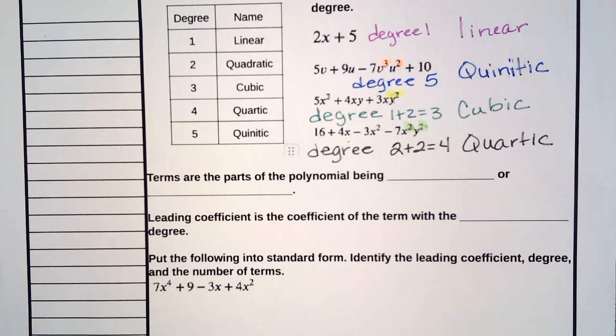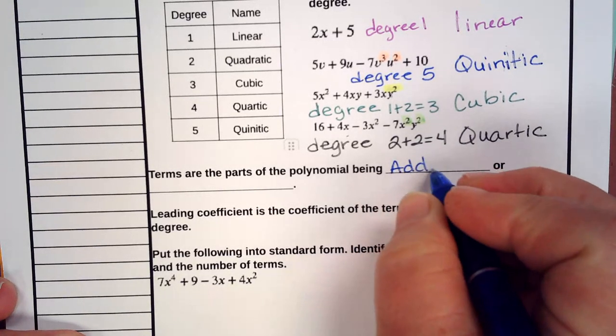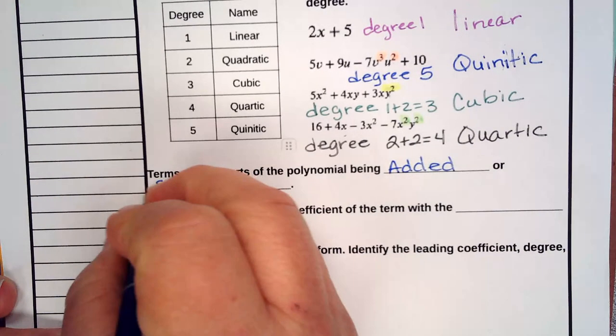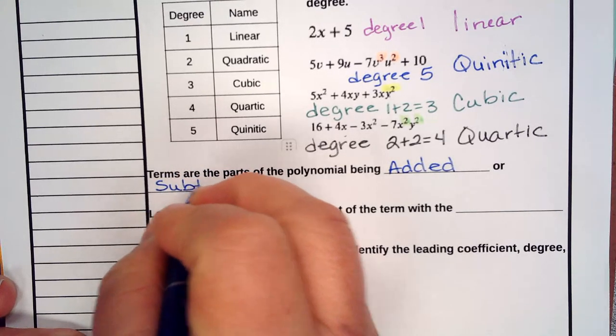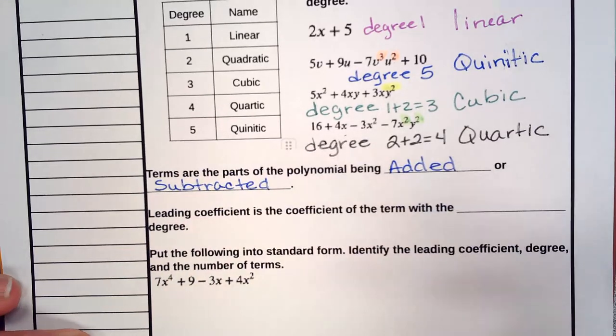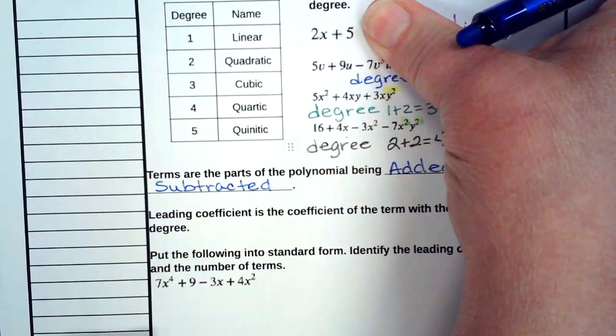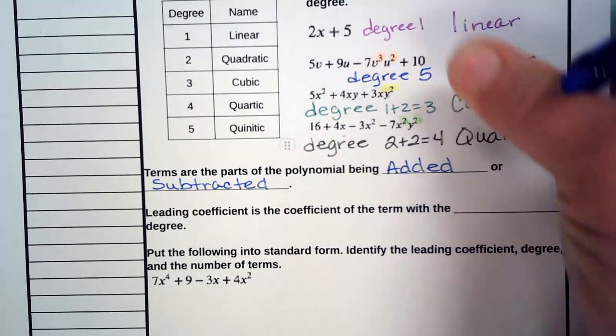Okay, there's a little bit more terminology that you need to know. If we talk about the term of a polynomial, we're talking about those pieces that are being added or subtracted. So if you're looking up here, this has two terms because you've got 2x plus 5.